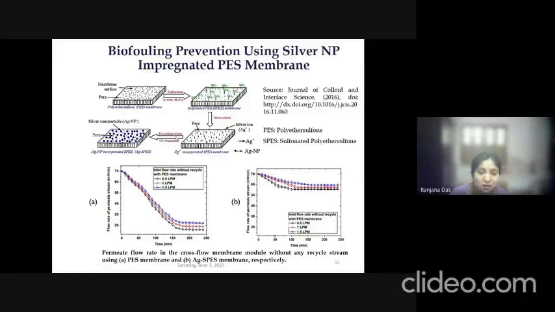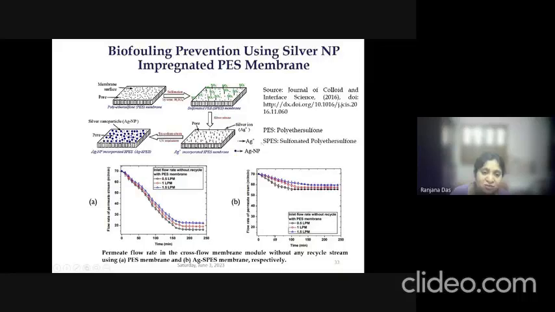So the silver plus 1 that was present here is now converted to silver 0, the silver nanoparticle, by this reduction process using the trisodium citrate. After the treatment with trisodium citrate, the silver ions have converted to silver nanoparticle.